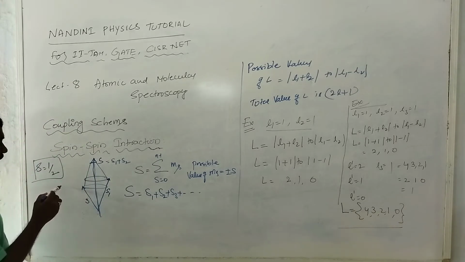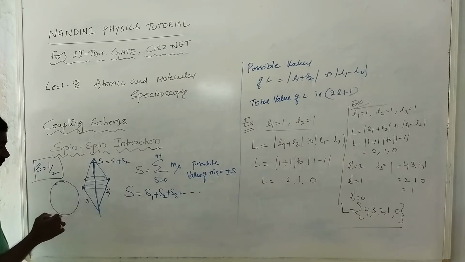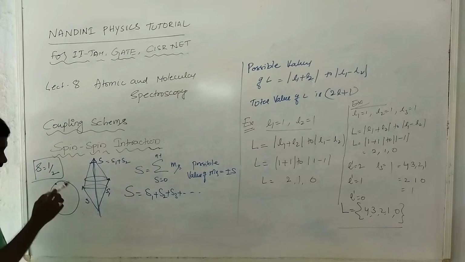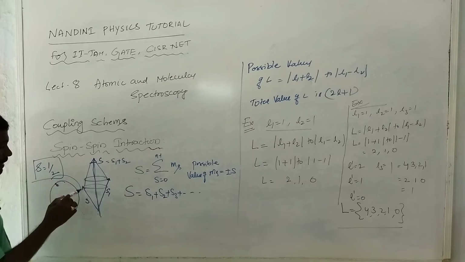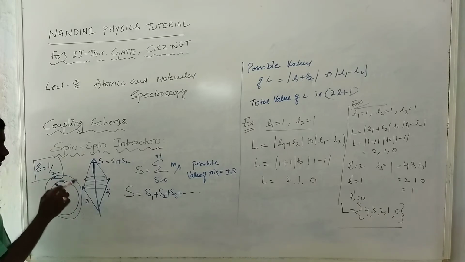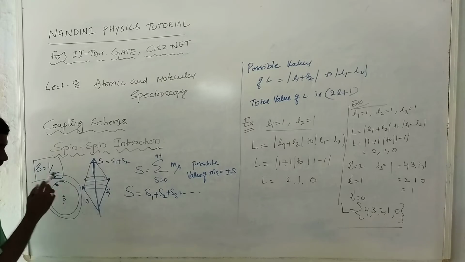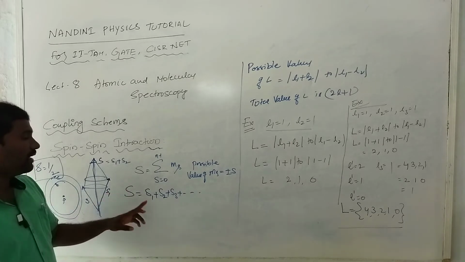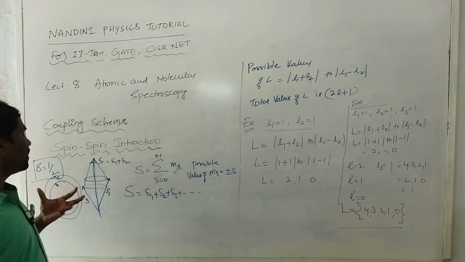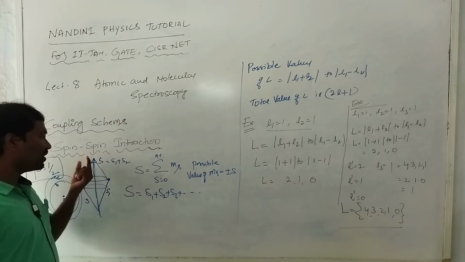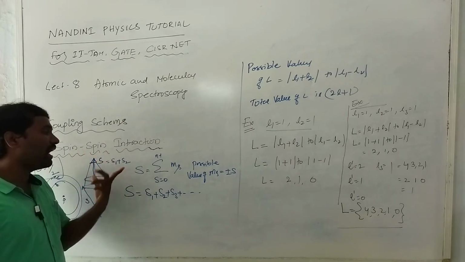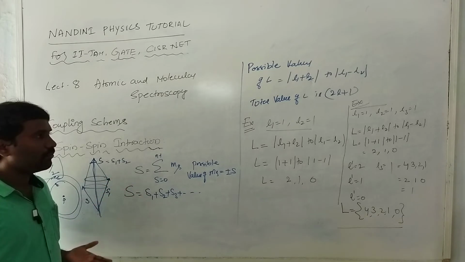Suppose you consider a hydrogen atom: this is one fixed stationary state, this is a proton and this is an electron. Now if you consider another fixed circular path with one electron, there are a number of electrons, each electron having a spin. That spin is indicated S1, S2, S3, and these spins rotate about their principal section, and finally they give the total spin angular momentum. So this is the theory.